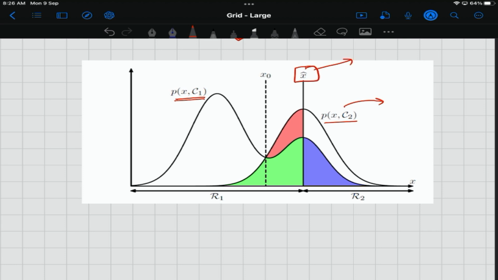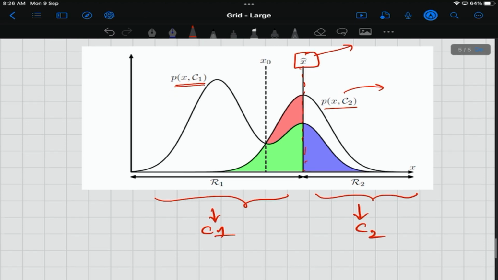Assume that I am putting this x hat and dividing the regions into R1 and R2. R1 belongs to class 1 and R2 belongs to class 2. This is just a 1D, or univariate, axis, and I am dividing it into class 1 and class 2, but the actual distributions are like this.